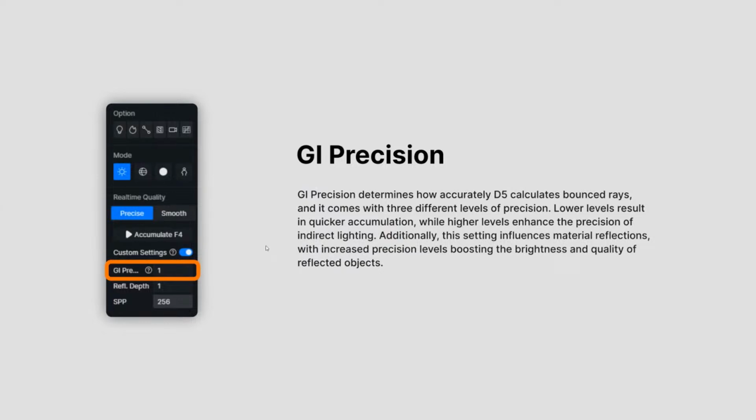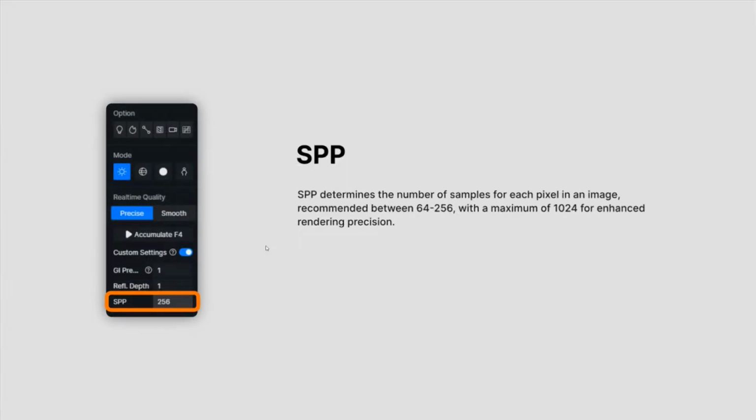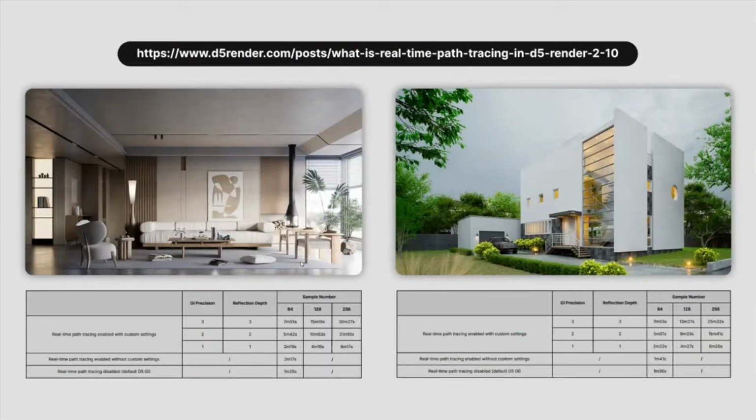And reflection depth controls the quality of reflections on specular surfaces. And SPP determines the rendering quality of details. If you want to learn more about how these 3 settings work, you can watch our upcoming tutorial on YouTube. In general, the default settings are sufficient for optimal rendering performance.